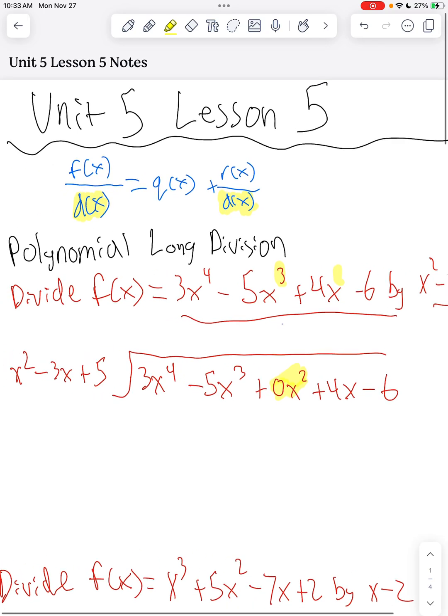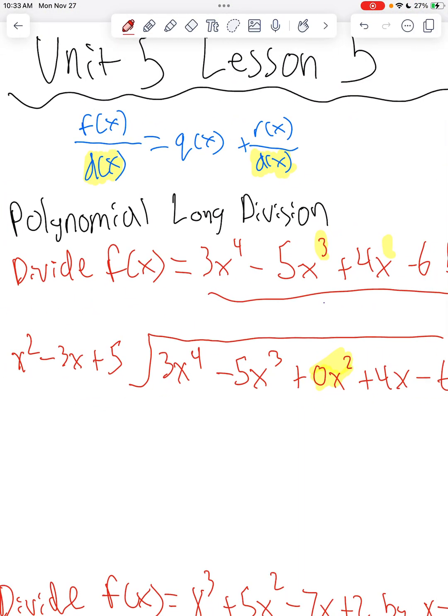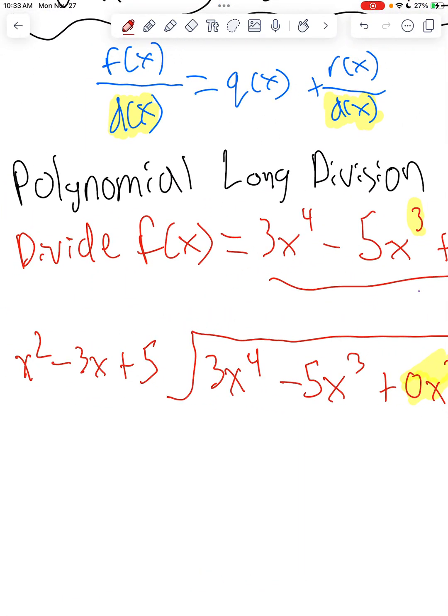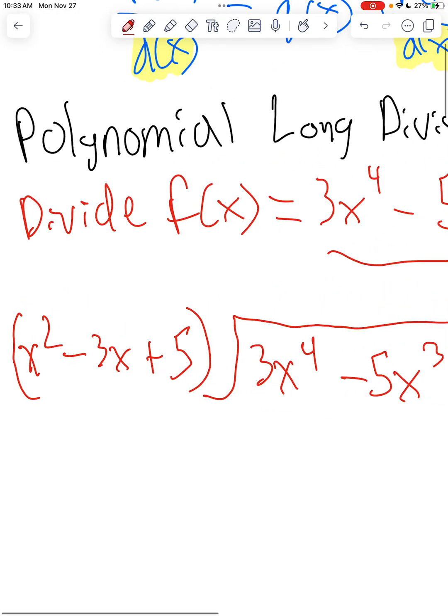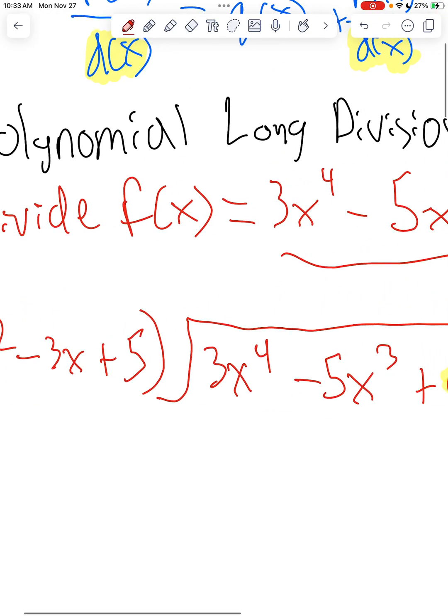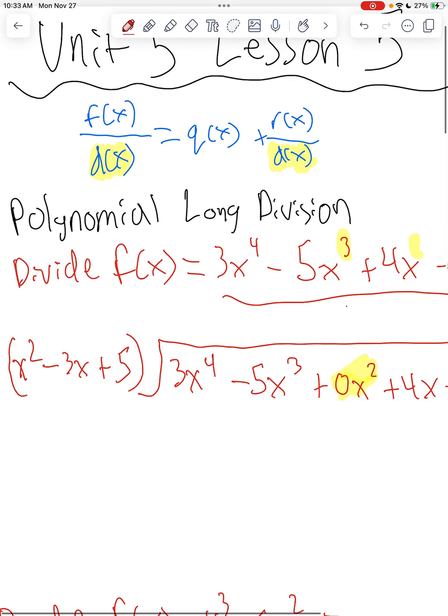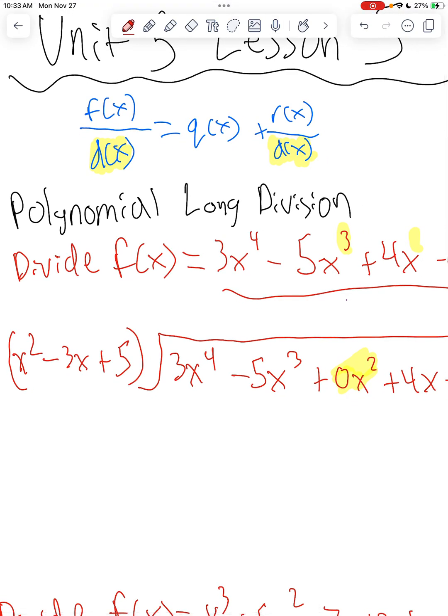Now my goal is to eliminate this 3x to the fourth. I have to multiply everything that I'm dividing by. My highest degree is x squared, and x squared times x squared is x to the fourth. What do I need to multiply to get 3x to the fourth?